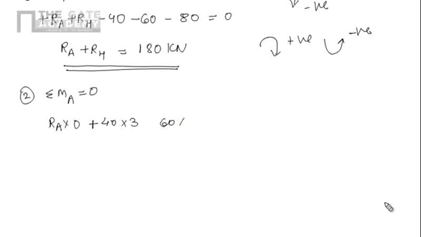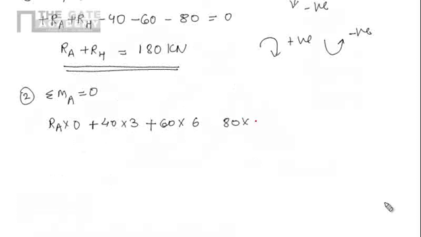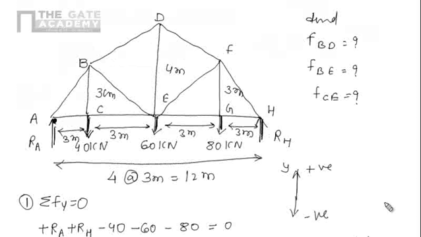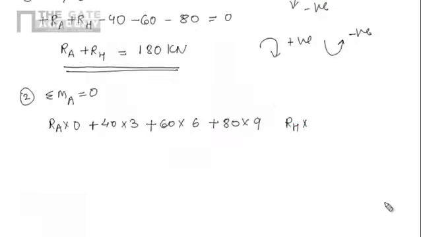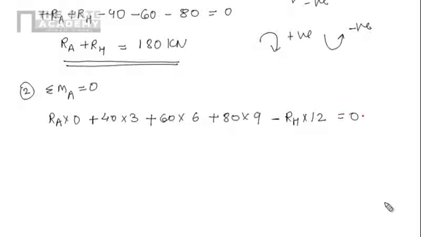And again clockwise, so 60 into 6, positive. Again due to this 80 kilonewton, we are having 80 into perpendicular distance 3 plus 3 plus 3, that is 9. So 80 into 9, again clockwise, so positive. And due to this RH, the perpendicular distance is 3 plus 3 plus 3 plus 3, which is nothing but 12. So RH into 12, and the nature is anti-clockwise, so negative, equals 0.